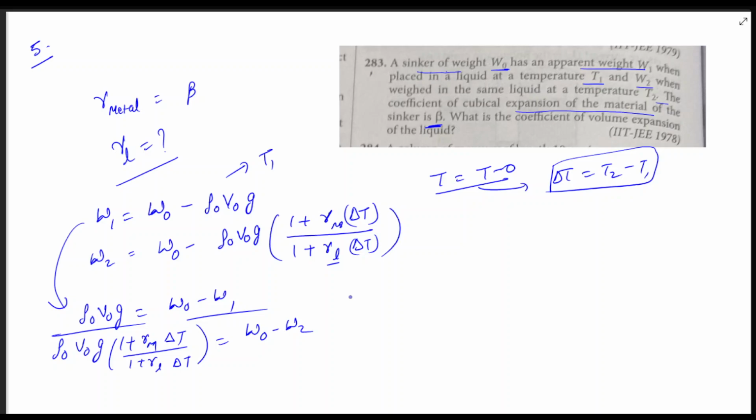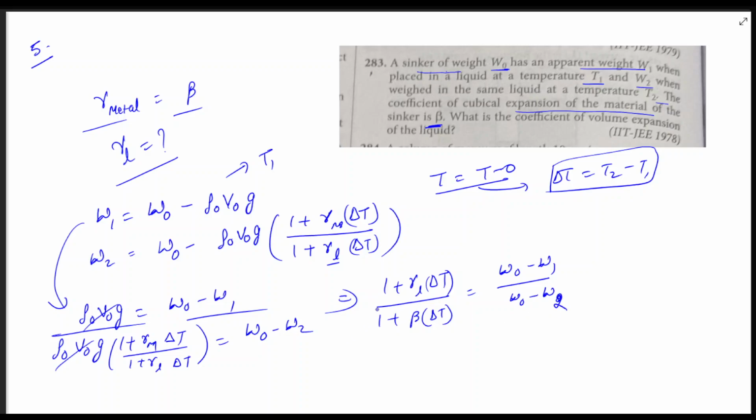Let's divide these two, so these cancel. We have 1 plus gamma L delta T upon 1 plus beta delta T, since gamma of M is beta, equal to omega naught minus omega 1 upon omega naught minus omega 2.